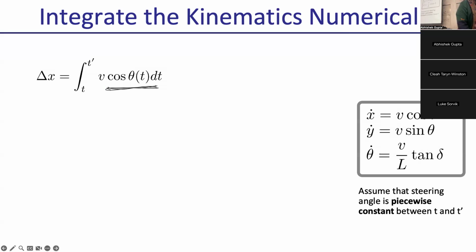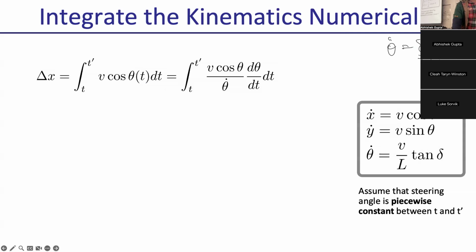All we're going to do is multiply and divide by d theta over dt. Theta dot is equal to d theta over dt. Whenever you have a dot, it's just a derivative with respect to time. So we multiply and divide by theta dot. Nothing changed, we just multiplied and divided.